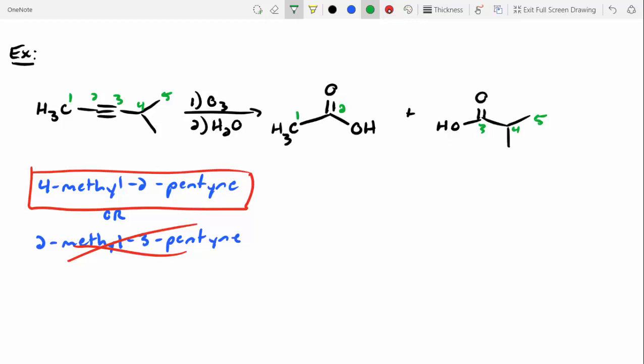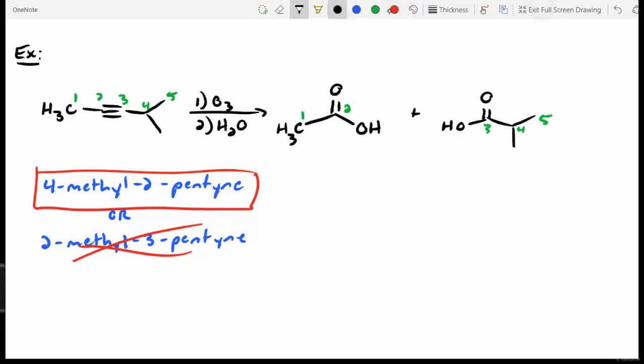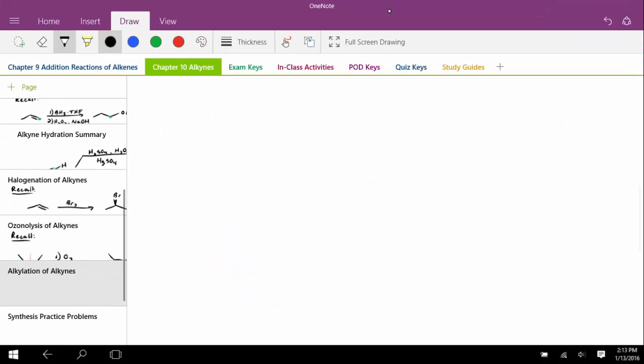All right, the last thing we're going to cover today is alkylation reactions, but you guys already know how to do this. So let's say I've got my alkyne and I treat it with a base. What will happen?